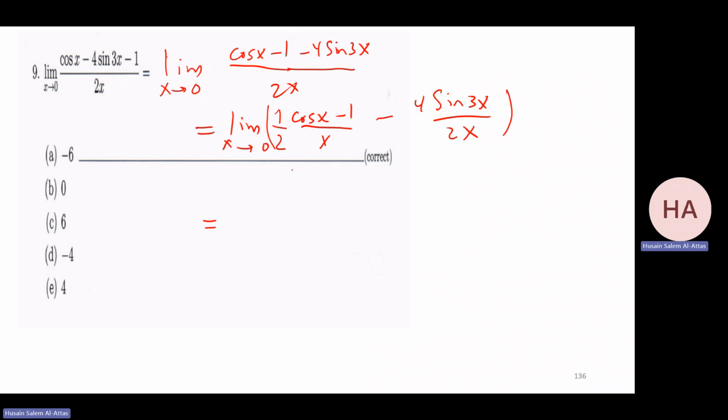That will be half times 0 minus 2 times this limit, which we know is 3, which is 0 minus 6, which is minus 6.